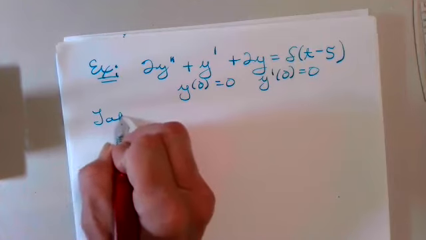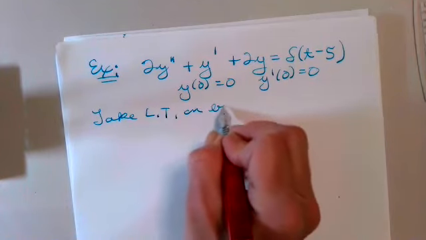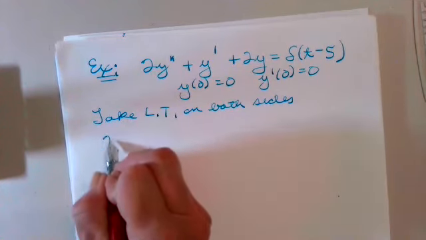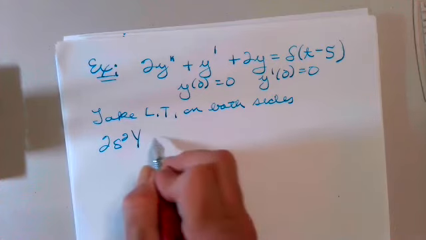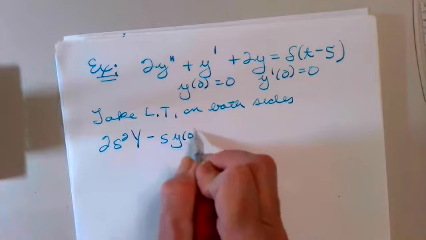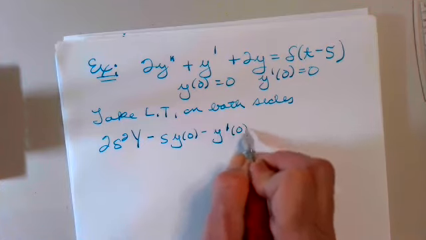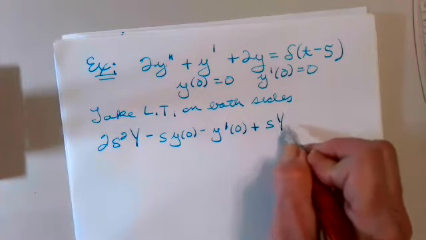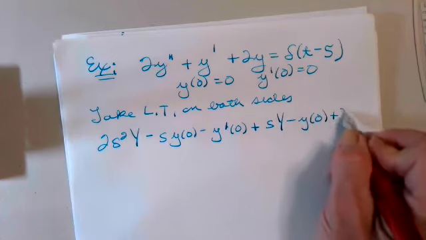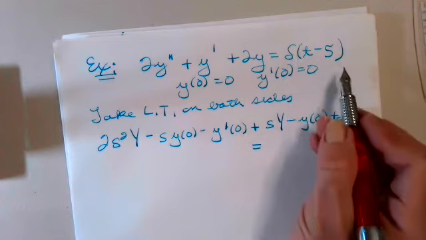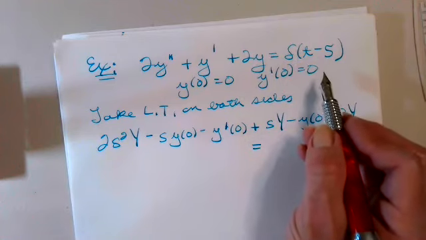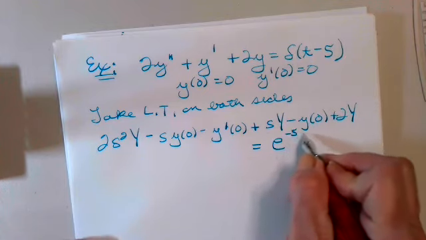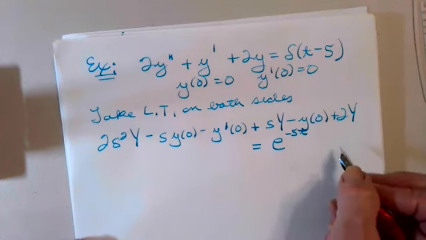So when we do that, we get 2 times s squared capital Y minus s y of 0 minus y prime of 0, plus the Laplace transform of y prime, which will be s Y minus y of 0, plus 2 capital Y is going to be equal to the Laplace transform of the delta function at t minus 5, which by what we showed before or by the table is e to the minus 5s.